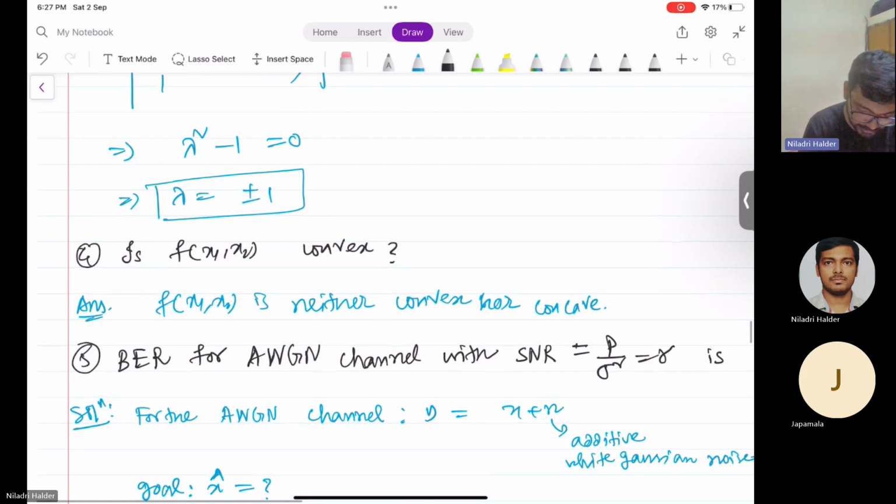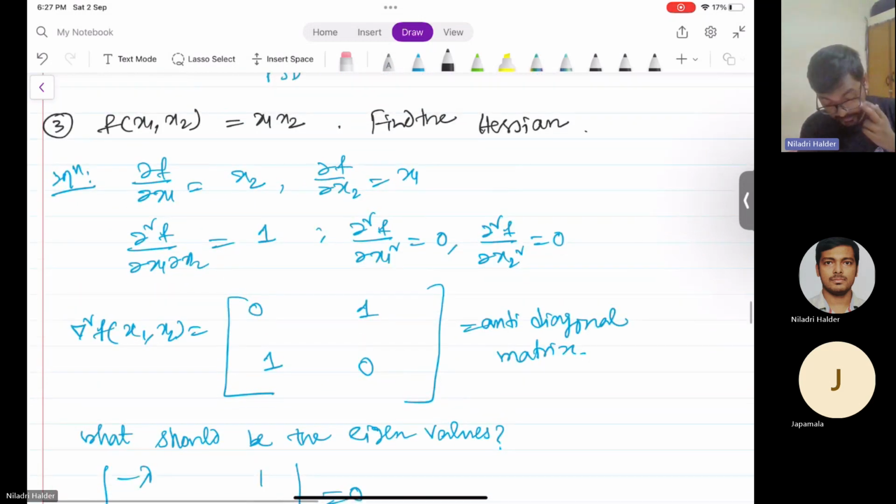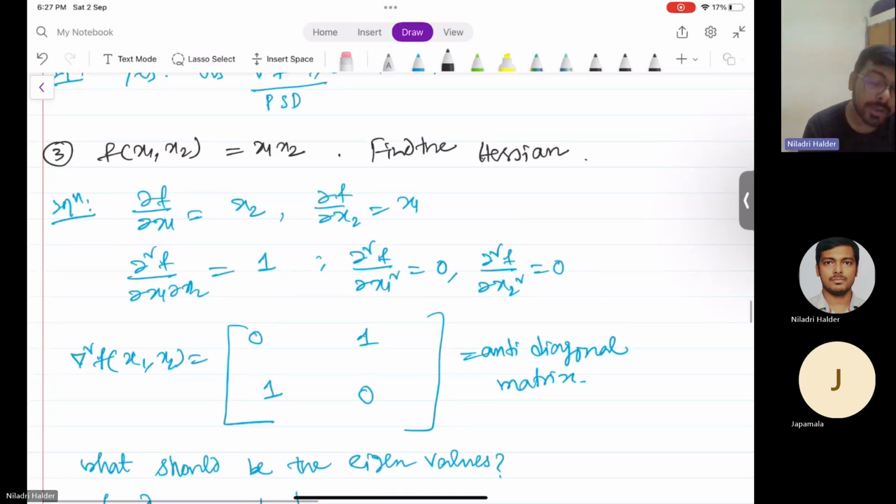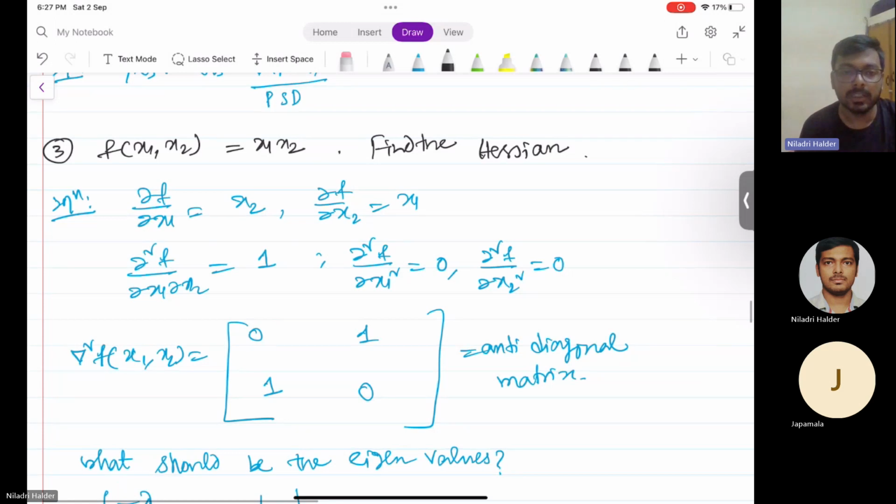The second problem we have taken is f of x equal to x1 x2, where x1 and x2 are the two components of a vector. We need to find the Hessian, and say whether f is convex or not.